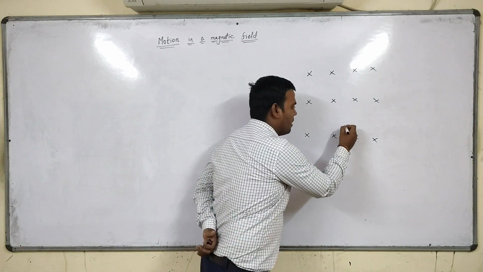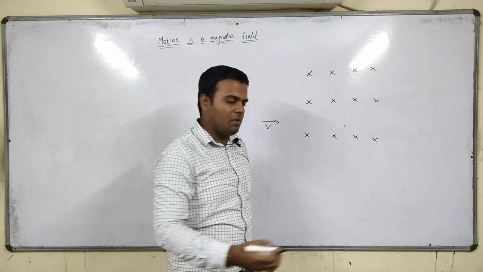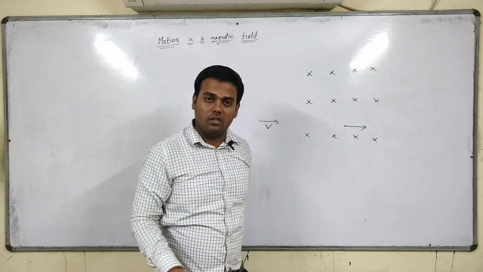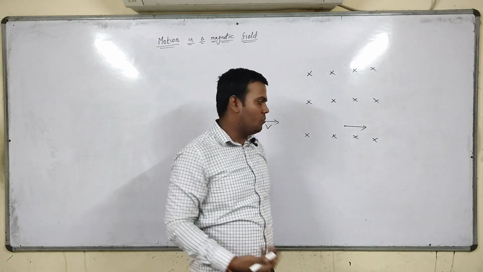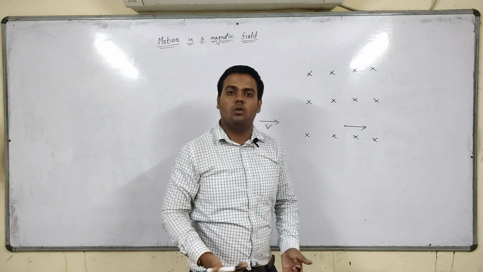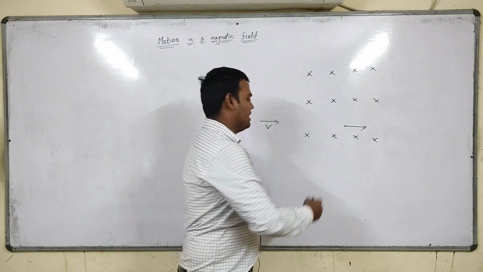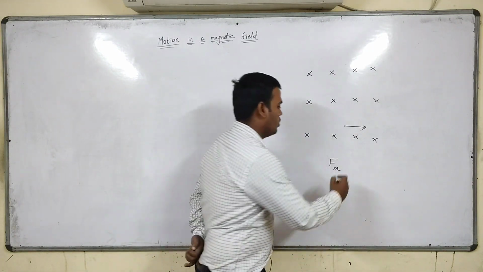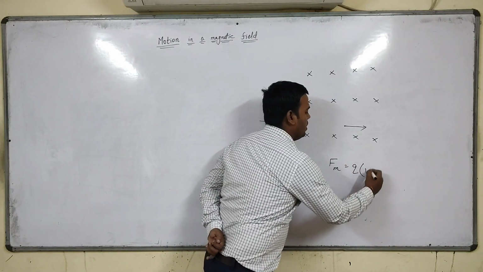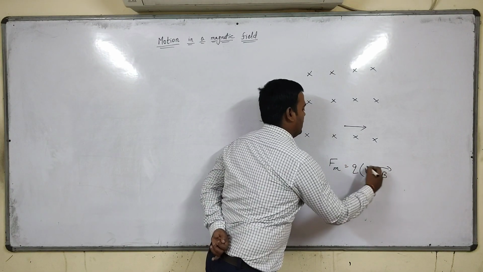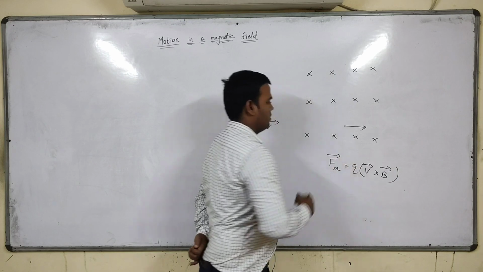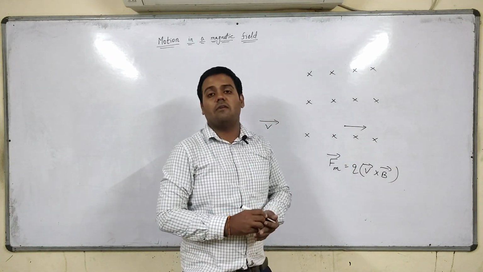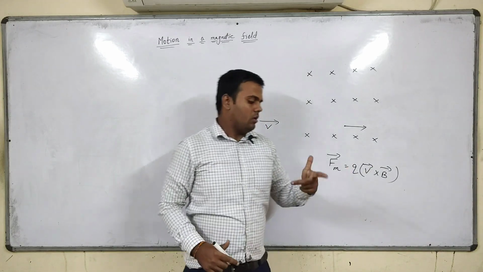Whenever there is a charged particle moving in a magnetic field, there is a magnetic force, which is equal to Q V cross B. And the direction of force is given by Fleming's left hand rule.